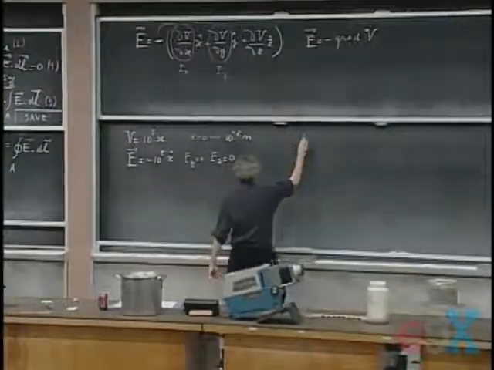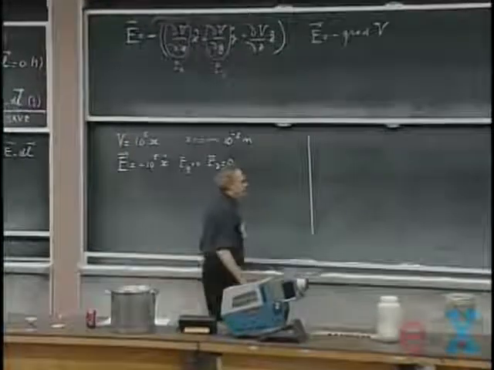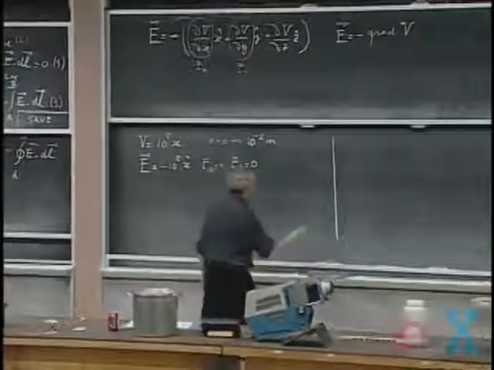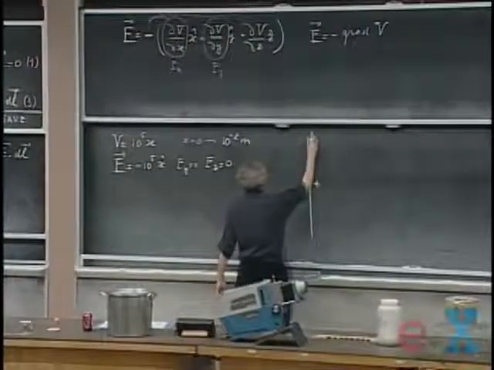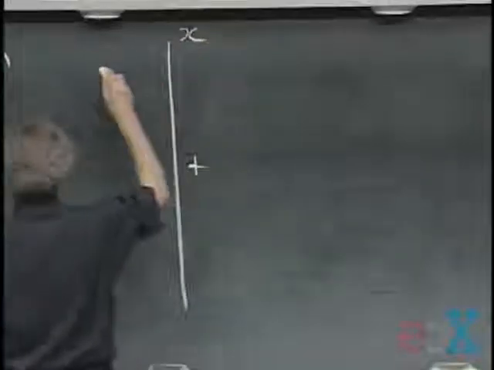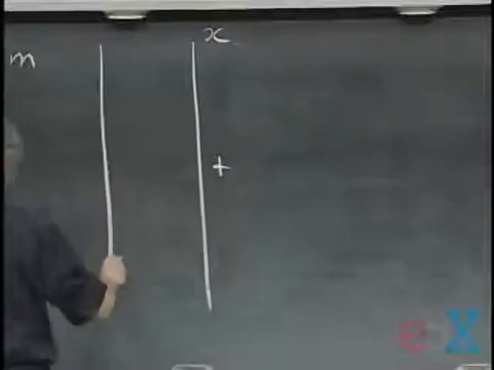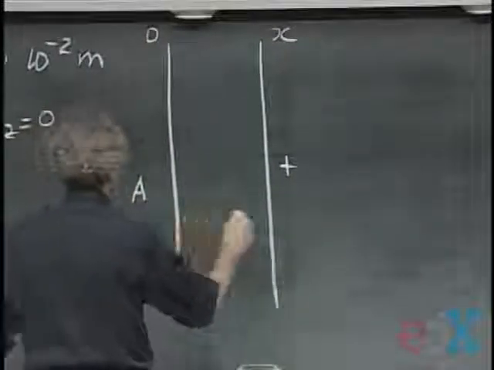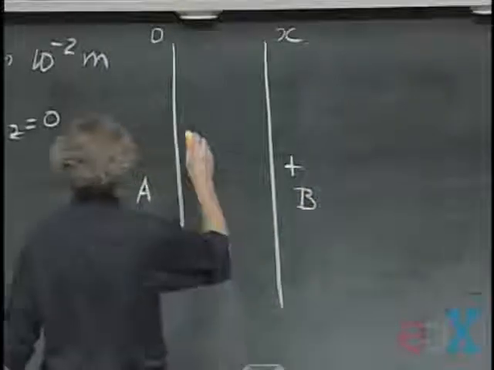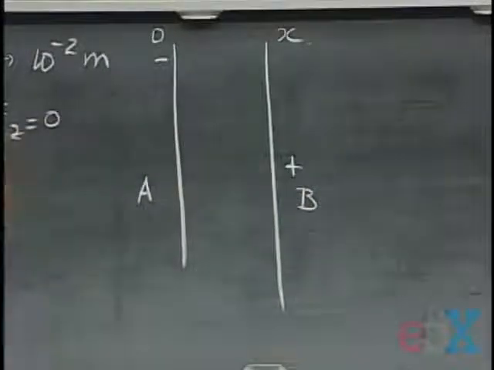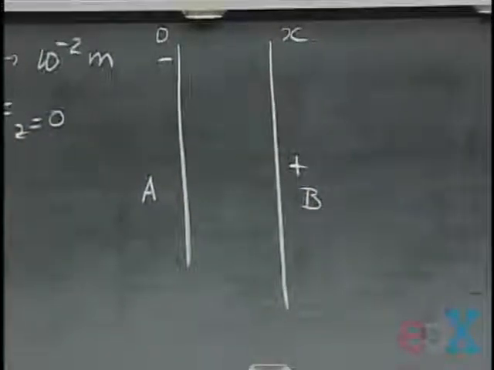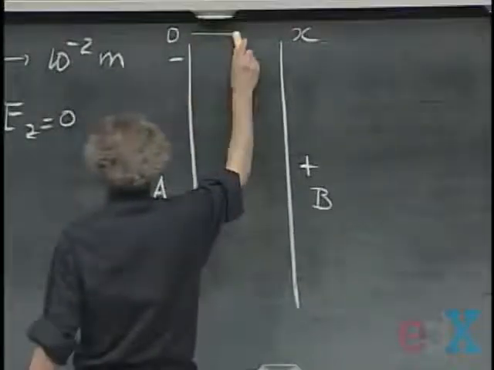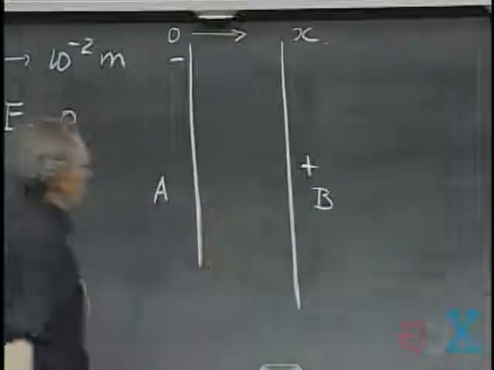Imagine that I have here a plate which is charged with positive charge. And the plate is at location x, and I have another plate here, just say at location 0. I call this plate A, and I call this plate B, and this plate is charged negatively. So x goes into this direction.